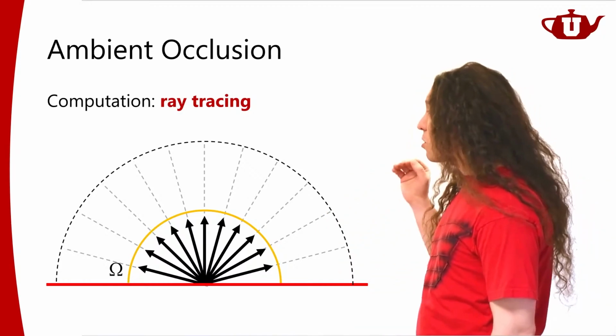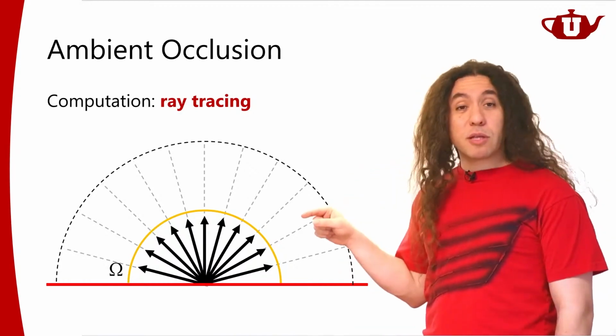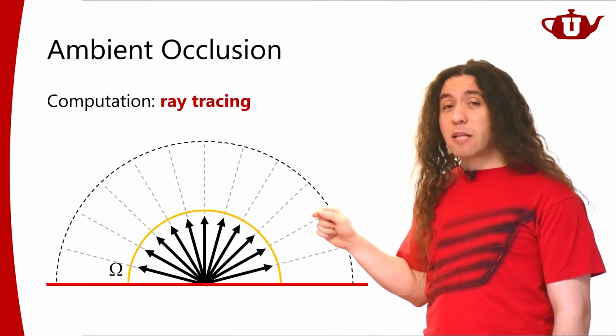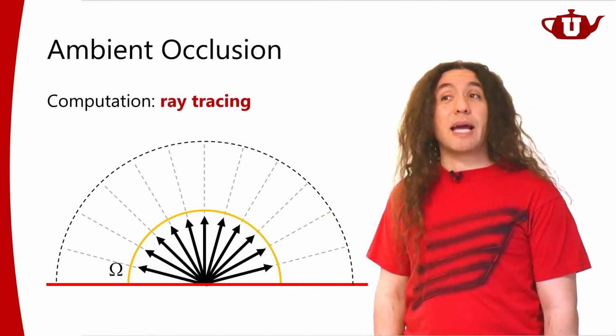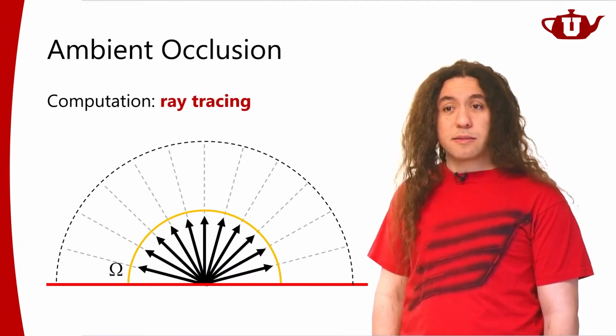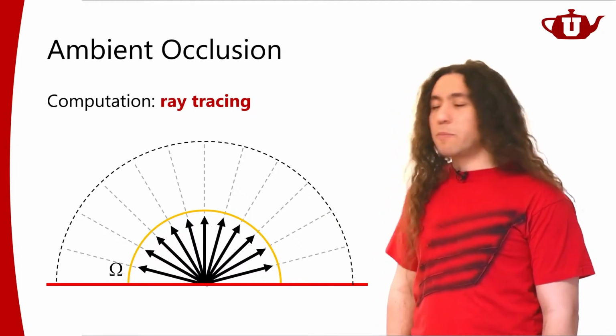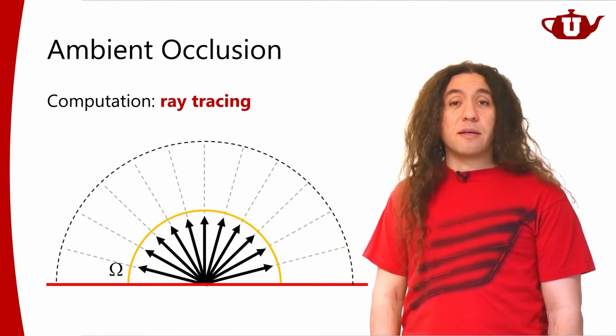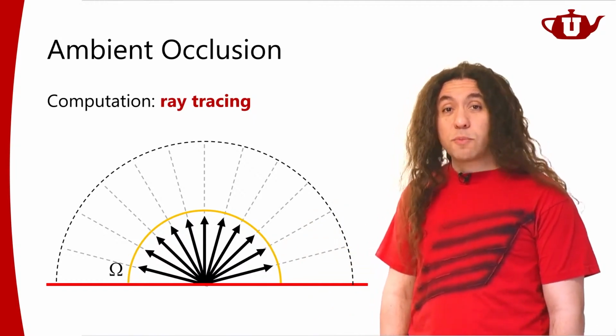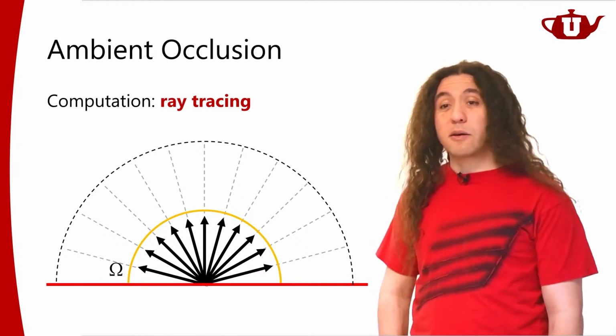So computing ambient occlusion like this is not going to be particularly suitable for real-time rendering in a lot of cases. It might be suitable. You might be able to do this with GPU ray tracing. It's definitely going to be faster than computing indirect illumination, but at the same time, it's not going to give you the same quality.